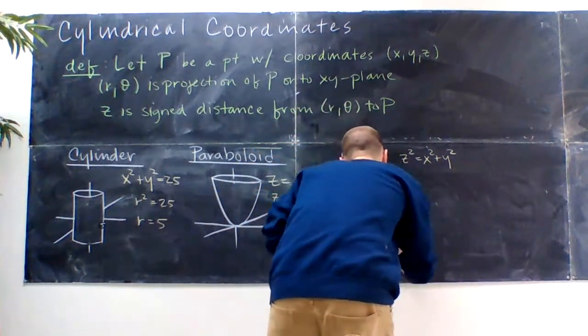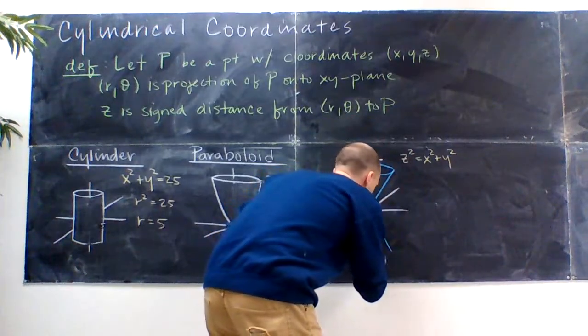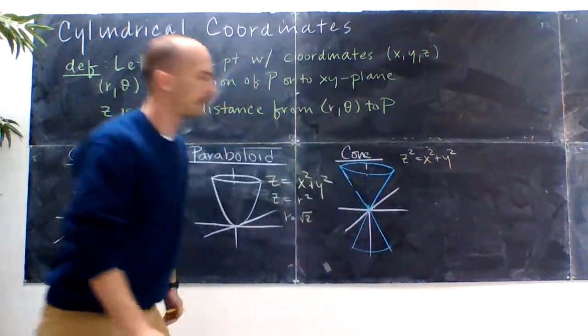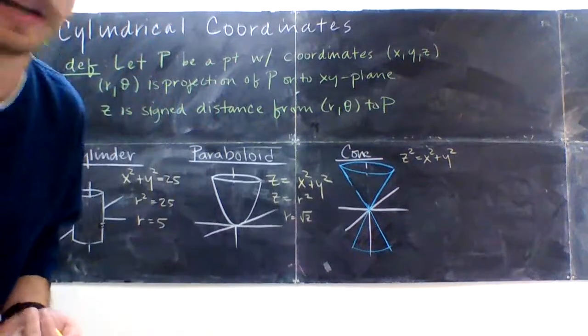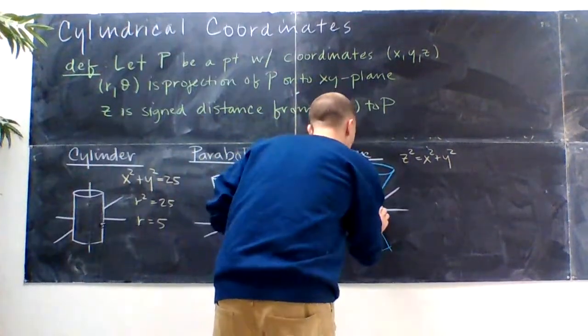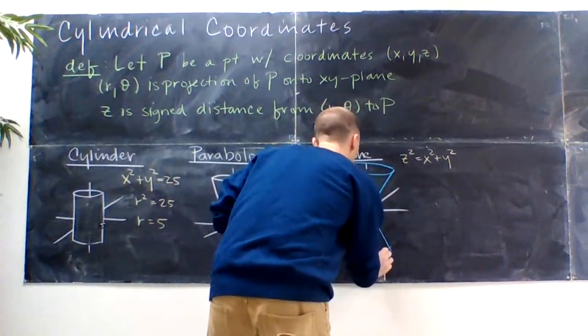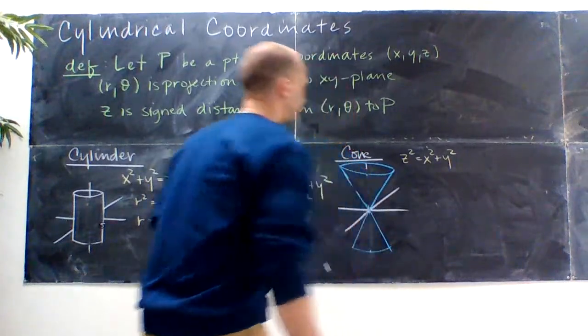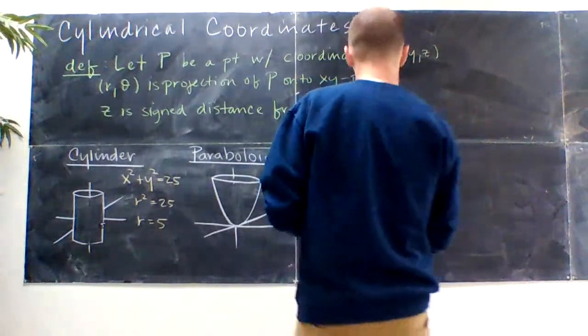This is the type of cone that they probably talked about in an algebra class somewhere along the way, when they gave you the conics, right? Something that we could cut into with a plane, and we could get back a circle or an ellipse or a parabola or hyperbola.